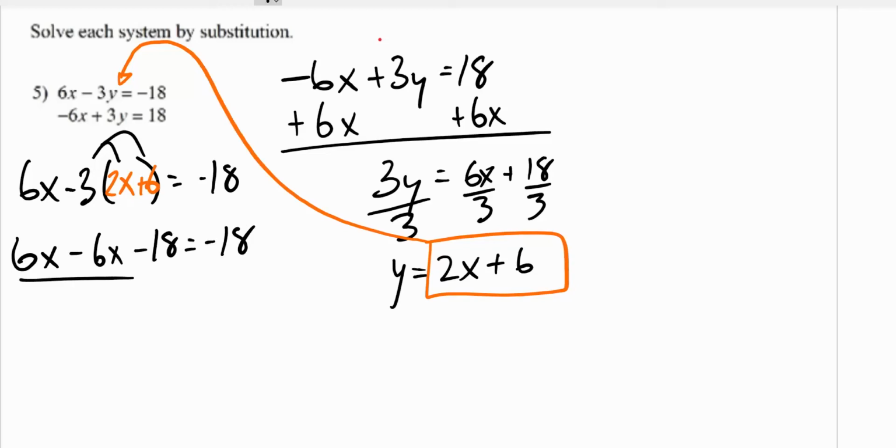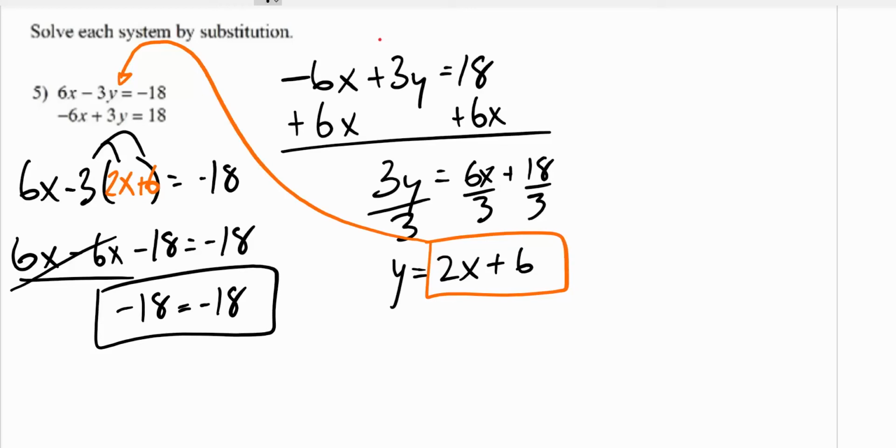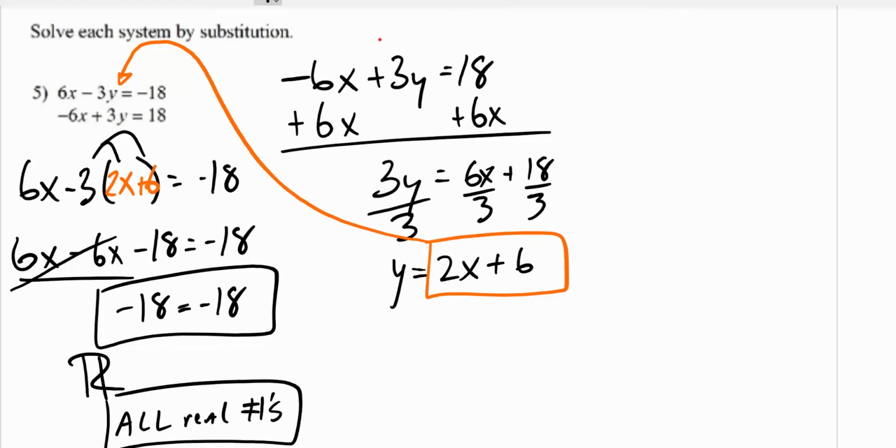Combine our like terms. 6x minus 6x is 0, so we get negative 18 equals negative 18. When we get something like this that makes sense, then our answer is all real numbers are solutions. So this is all real numbers are solutions. Any point on that line is a solution.